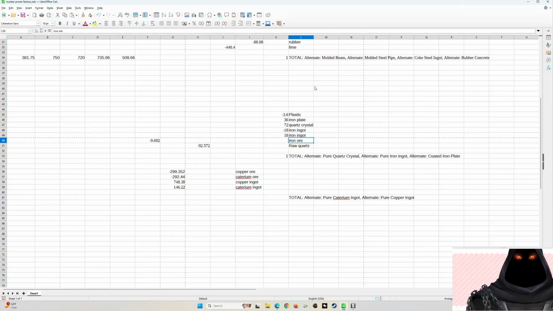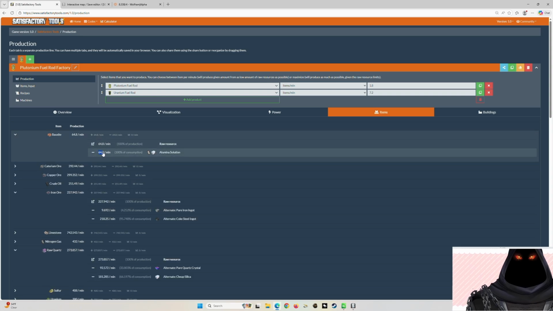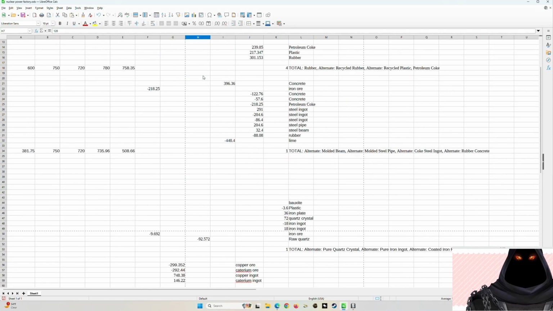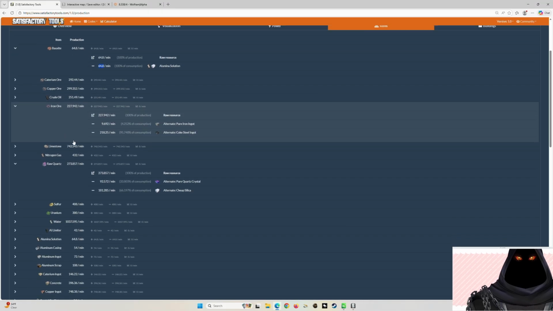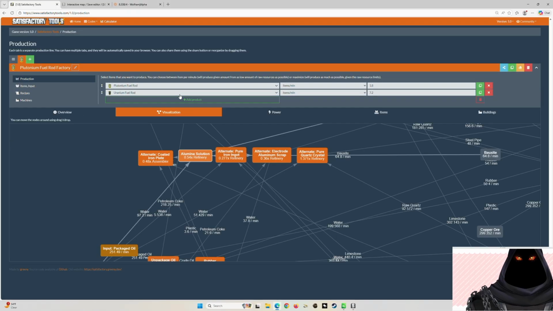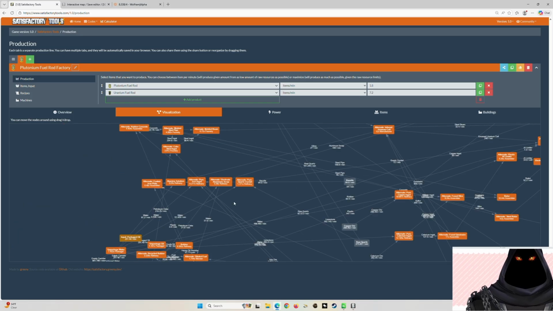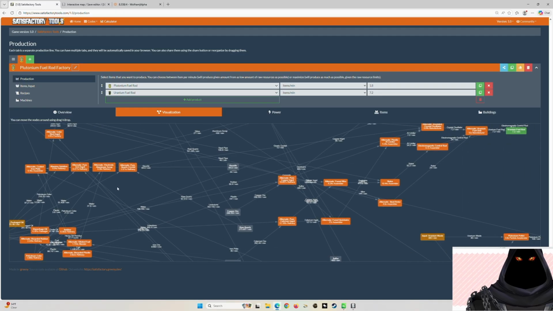Oh, that's right, bauxite. So for bauxite, we're going to use up that amount of bauxite. All right, oh crap. I forgot, this requires... I forgot about that.